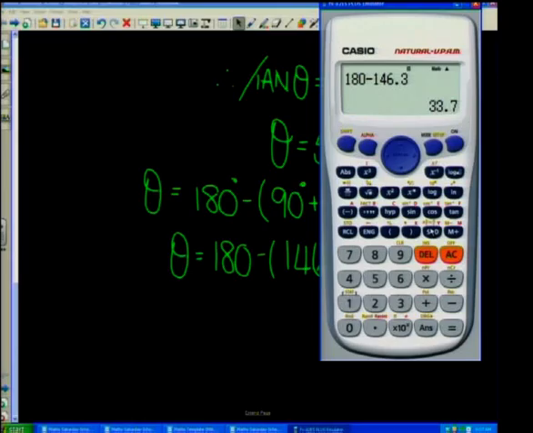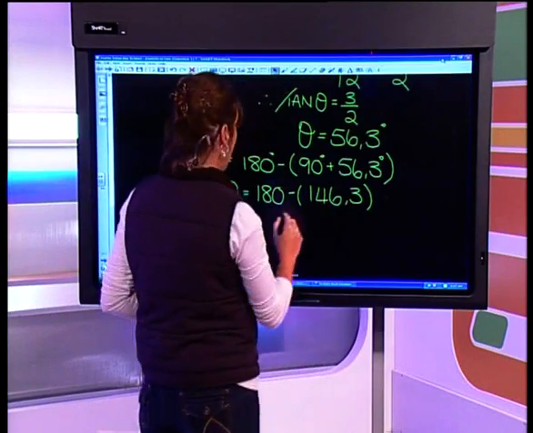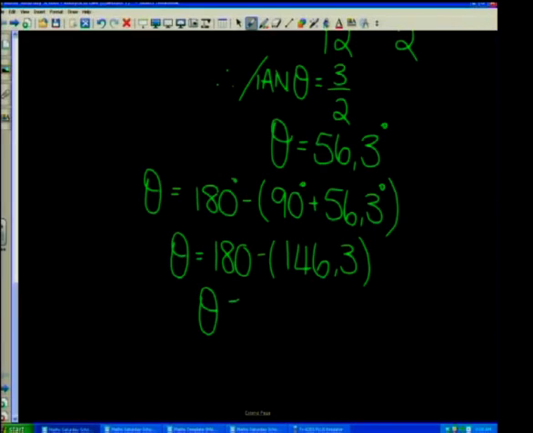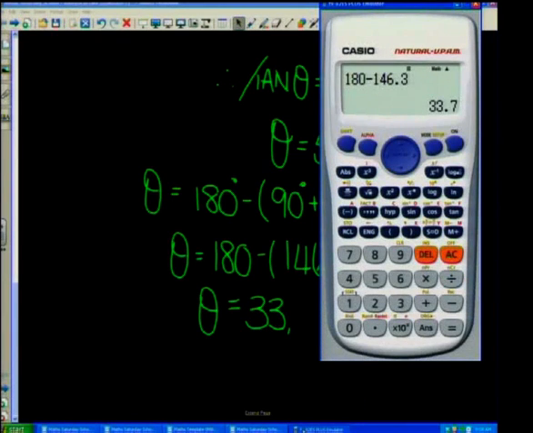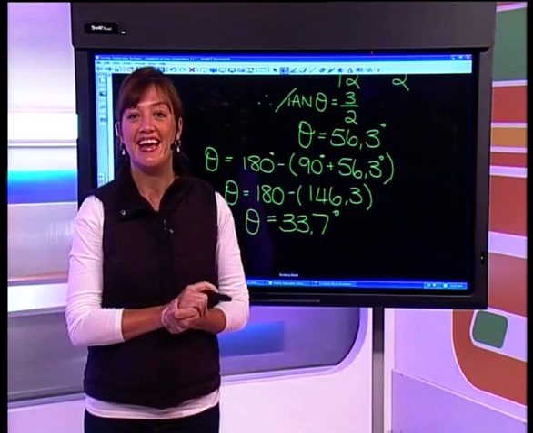And that is leaving us with an angle of 33.7 degrees. Okay, so the angle of theta that we are looking for, the question asked us, 33 point, and I've now forgotten, 33.7 degrees. Okay, so that was finding the angle of theta.